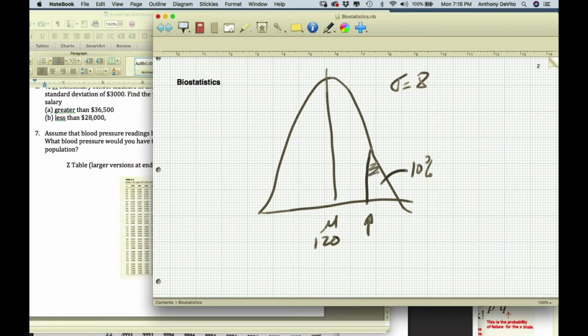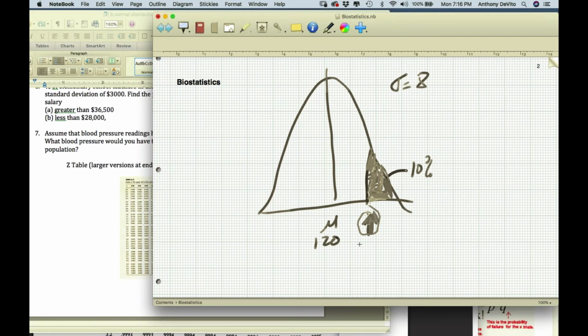So we know the area is 10%, but we don't know what blood pressure that represents. This is the converse of what we've been doing up to now. We know the area, but we don't know the value. In fact, we can't get to the value directly.